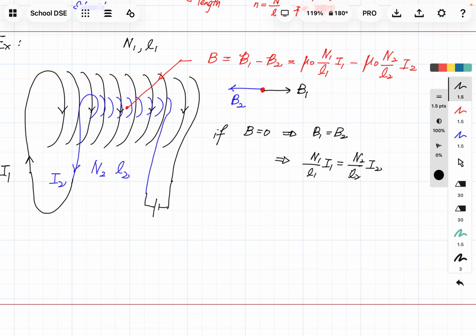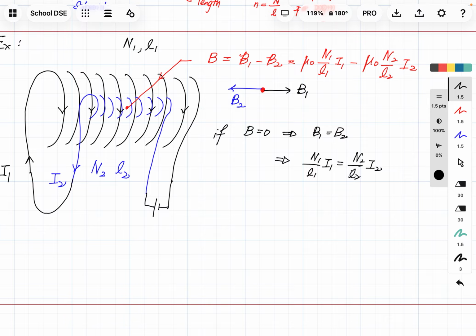And B should be the magnetic field experienced by the solenoid. The only magnetic field here is produced by the current in the big solenoid.